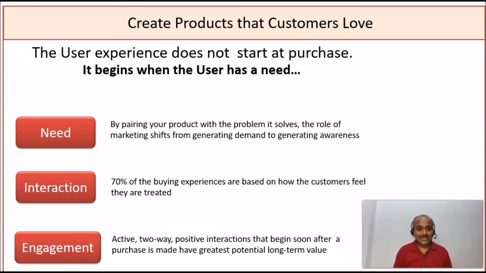Then the next one is interaction. That means 70% of the buying experience is based on how the customer feels and how they are treated. True. People come to the store, and they interact based upon how genuinely you are concerned about their interest, how genuinely the sales executive is interested in understanding their needs. Most sales executives want to push what they have at hand.